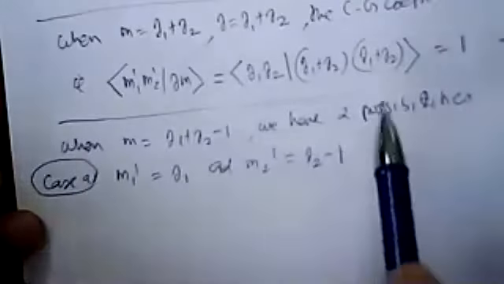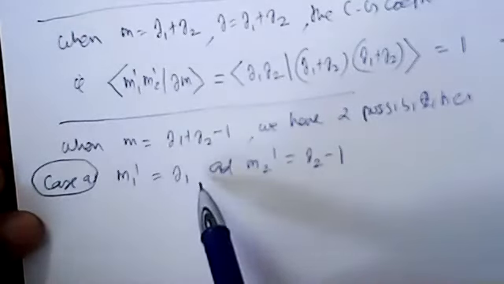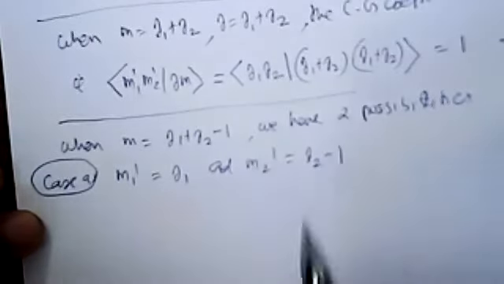What is the second case? m1' equal to J1 minus 1 and m2' equal to J2. That is the second case.